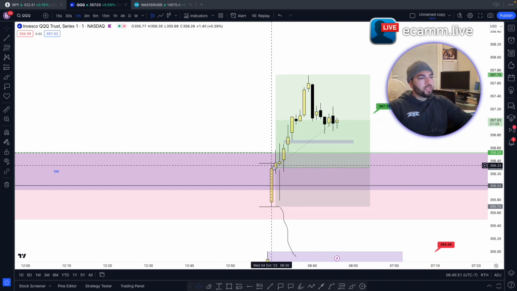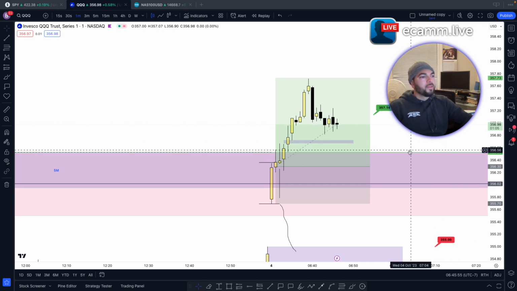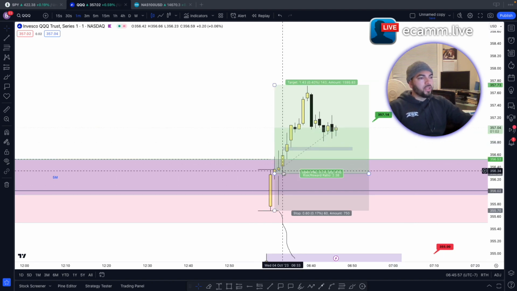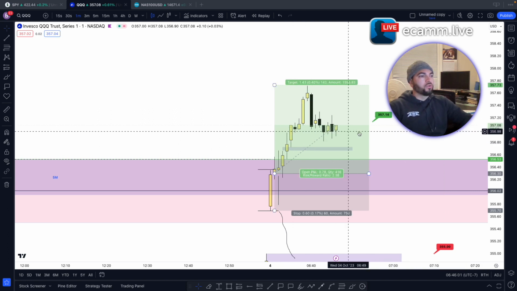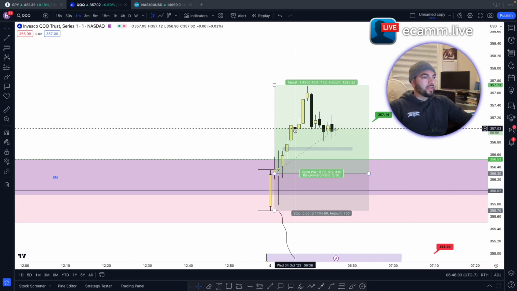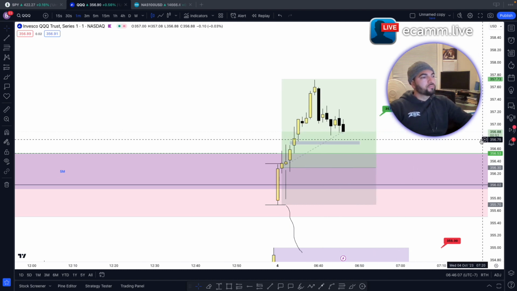But you see my entry right here. Literally called it as I did it, and we pretty much had nothing but insane momentum to the upside. We had this tiny red candle here. Well, black candle, which would normally be a downside red candle, right?